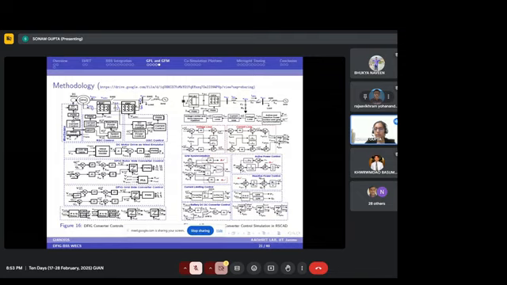So here is the grid synchronization method, which depends upon the virtual synchronous control, and along with that, this current limiting control is also implemented. This whole control is implemented in the RSCAD and for the validation of the hardware.